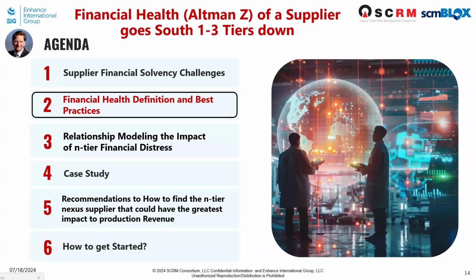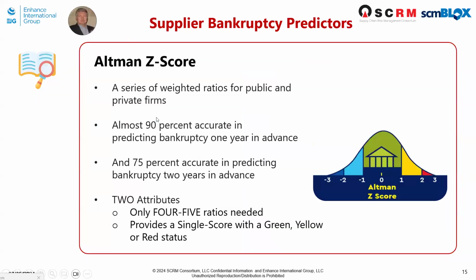So, yep. All right. If you want to talk a little bit about financial health definition and best practices, we have a few tidbits for you. First, we'll spend a moment on what we feel is a supplier financial best practice. It's called the Altman Z-score. It's been around for 40 years, folks.